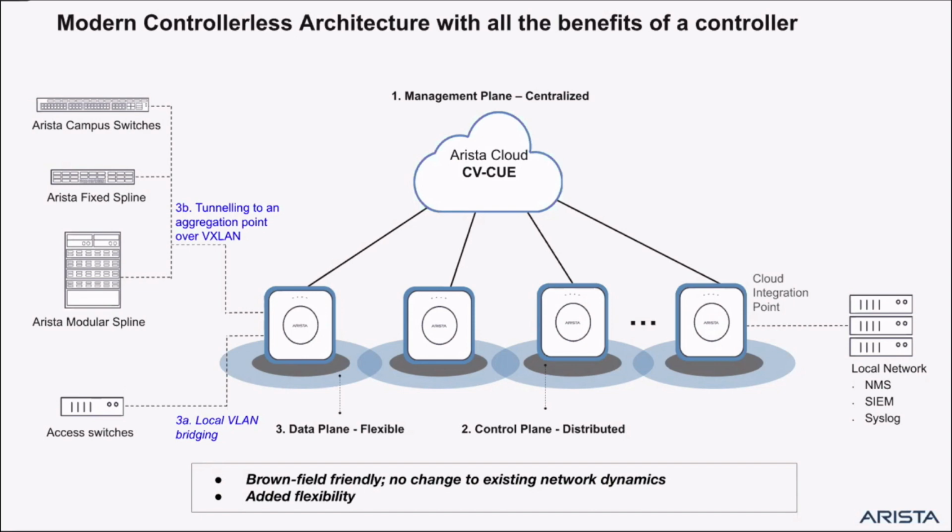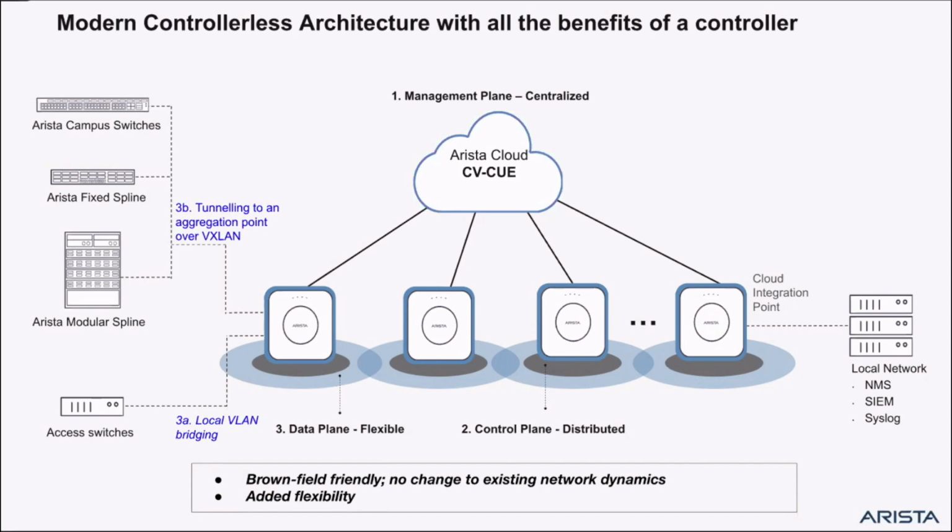We are not dependent on a controller for the control plane. The control plane is a distributed algorithm that is running among the APs. We have a little bit more details in the next slide. The good thing about this is, even if for some reason there's a momentary loss of connectivity to the cloud, you may not be able to make new configurations, but roaming and all other events just happen fine. There's absolutely no dependency.